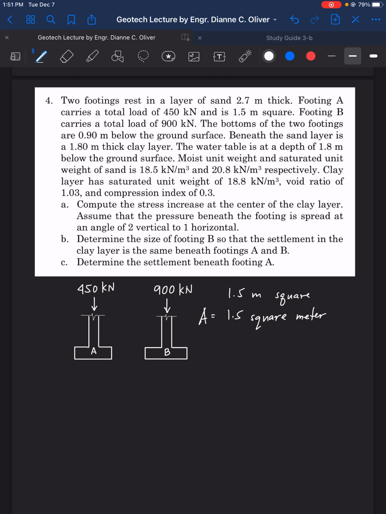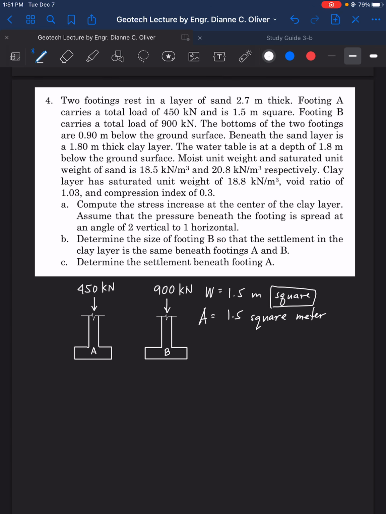If you say 1.5 square meter, that is the area. This one here is the dimension B, or the width of the footing, 1.5 meter, and it's indicating that the shape of the footing is square.